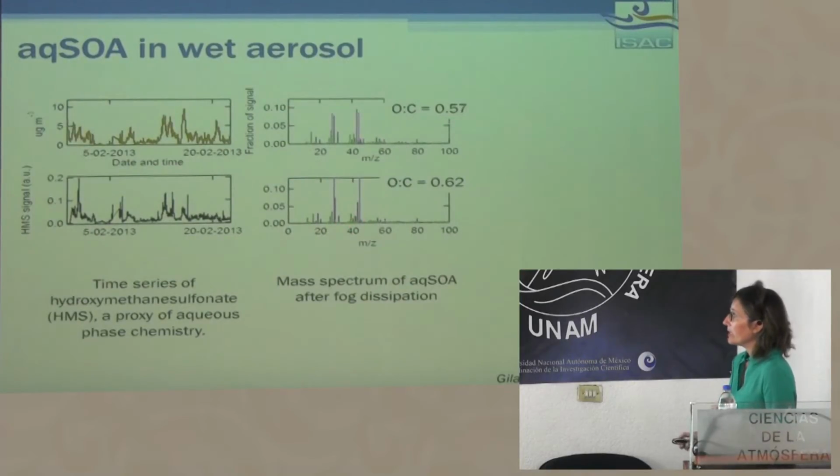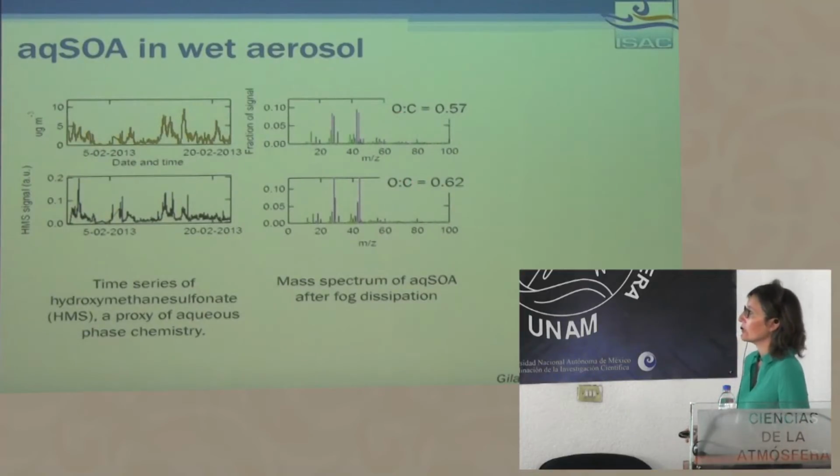Another important point is the oxygen to carbon ratio. So the aqueous secondary organic aerosol formed in Bologna, and so in wet particles, has an oxygen to carbon ratio of about 0.6, which is similar to the oxygen to carbon ratio observed for the aqueous secondary organic aerosol formed from fog processing.